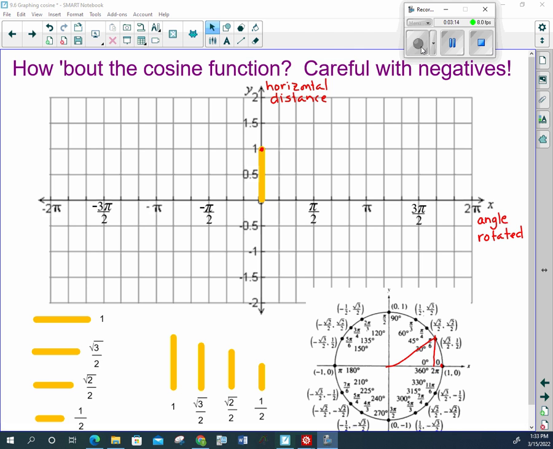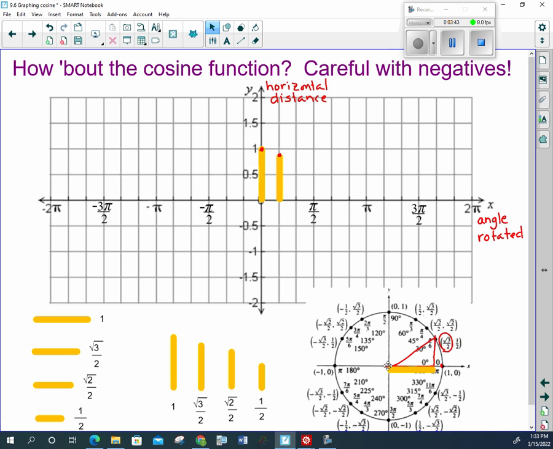Okay, so this horizontal distance right here is what we're looking for, and we can tell from our coordinate that it should be the square root of 3 over 2. That's our x value. So that would be this length right here, and that matches. So that's what we're going to put into our coordinate grid up here, square root of 3 over 2 at 30 degrees. So it's going to be about right there. It's going to be this point right here.